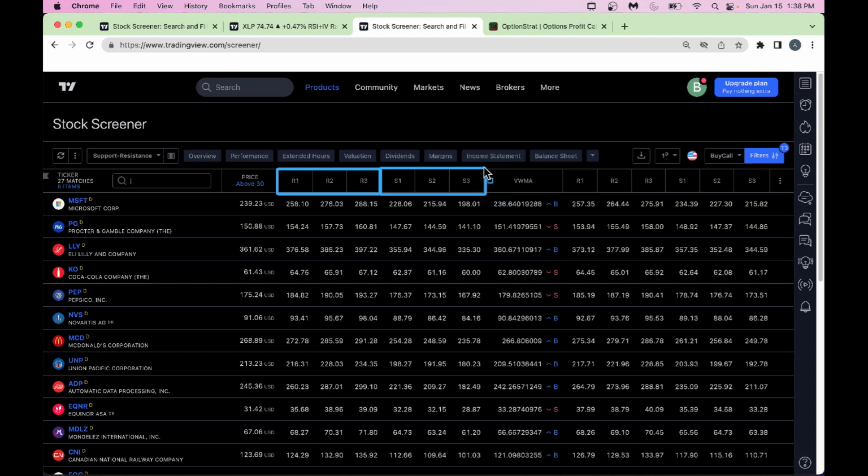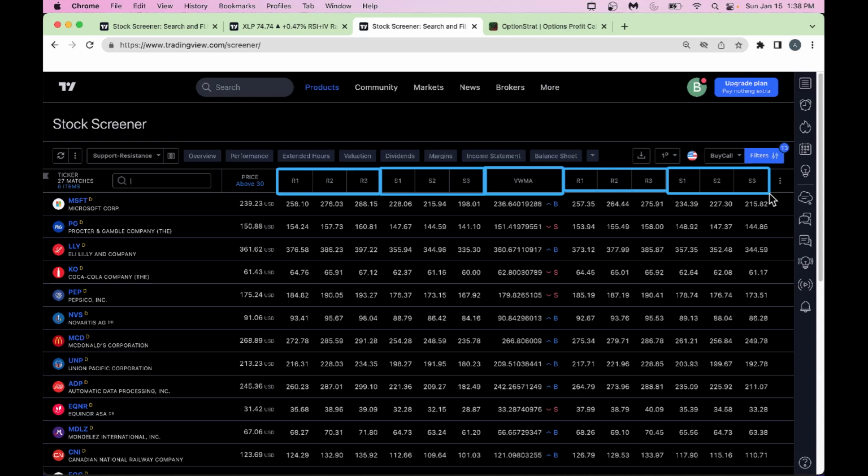And then you got your volume VWMA, volume weighted moving average, which is on a 20-day basis. And then you got your Fibonacci resistance levels and the Fib support levels here, as you can see. This is very important if you want to buy call options. You don't want to buy call options out of the money.